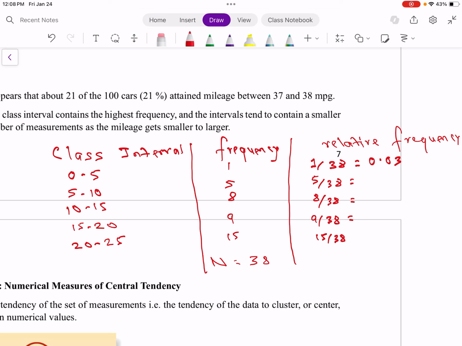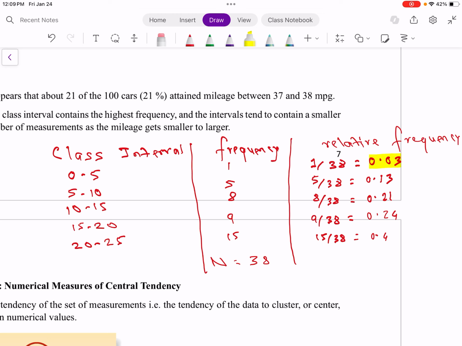Okay. 5 divided by 38 is 0.13. Then 8 divided by 38 is 0.21. 9 divided by 38 is 0.24. 15 divided by 38 is 0.4. So this is the relative frequency.